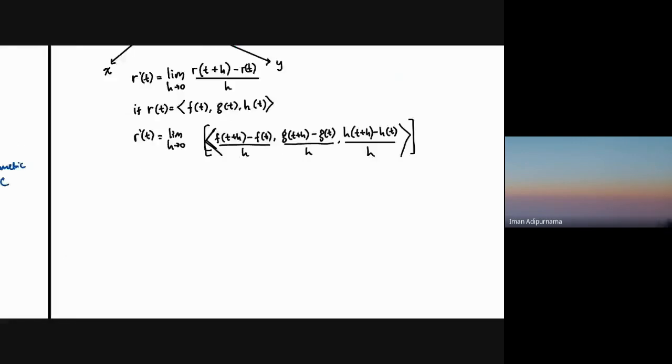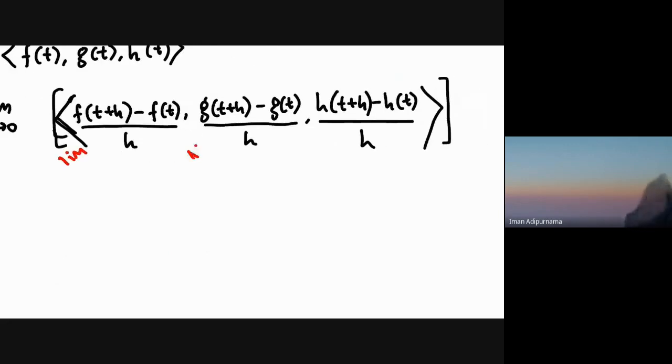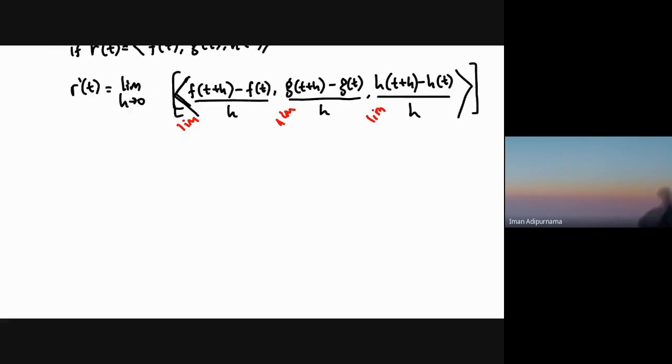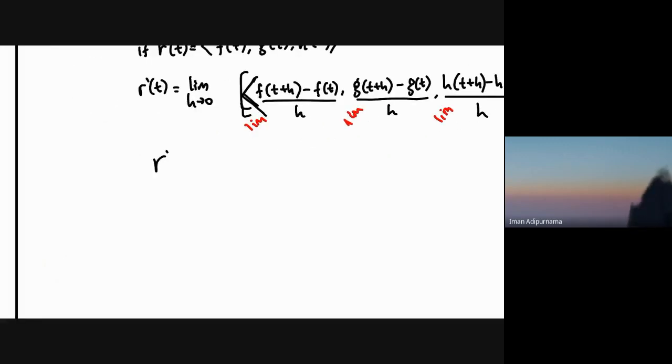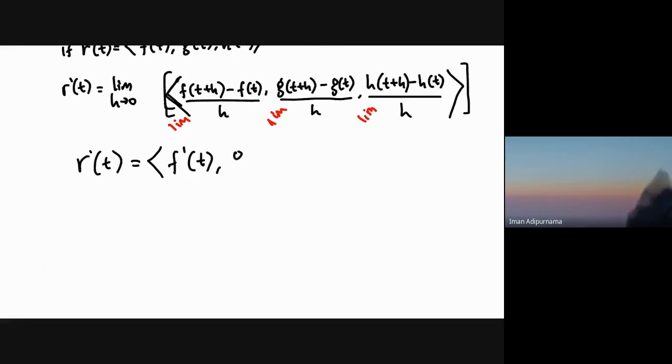Okay. Now, if you take the limit of the whole thing, the three components, we are actually taking the limit of each of them. So basically, what we have done here is just differentiating each component. Okay.